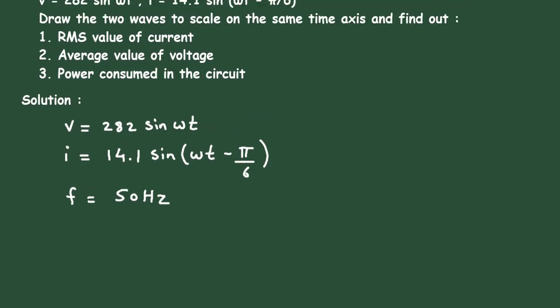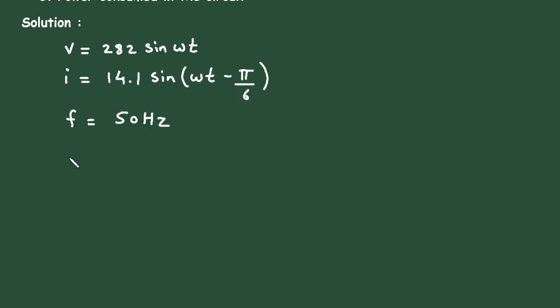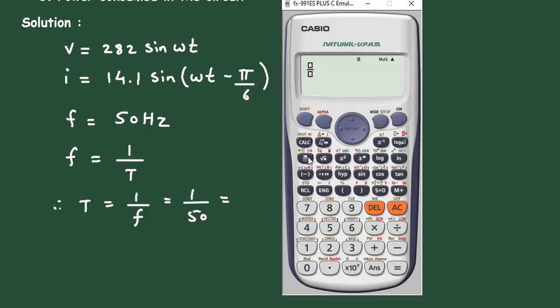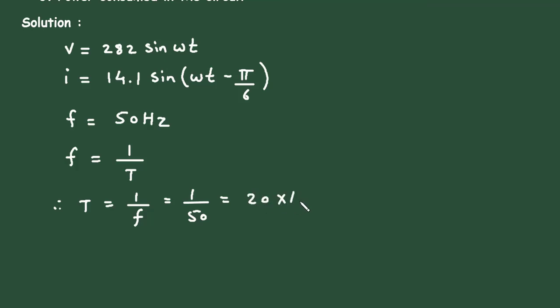So we have to draw these waves on the graph. We know that frequency f is equal to 1 upon T. Therefore T is equal to 1 upon f, so 1 upon 50. 1 divided by 50 will be 0.02, or 20 into 10 to the power minus 3 second, or 20 millisecond.